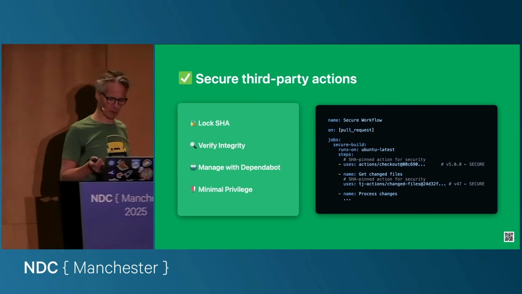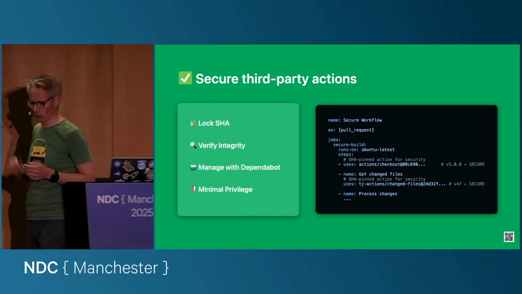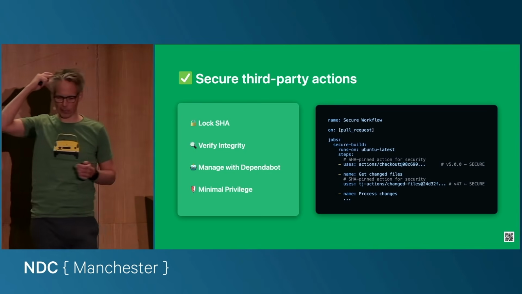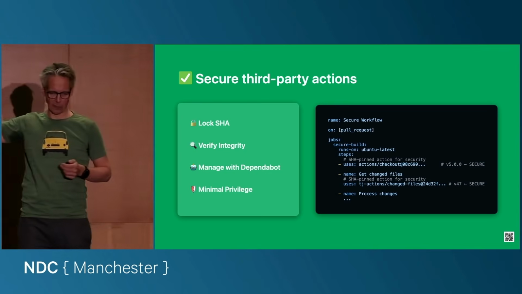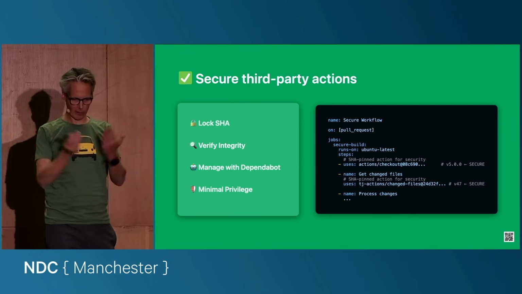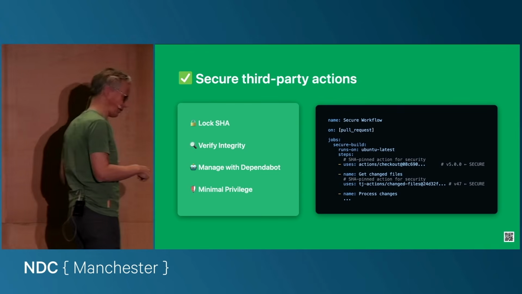So the first time you do it, you look up the thing, you check that you have the right thing. What I prefer to do is make a small comment on the end of the line. Because my brain cannot think in hashes, maybe yours can, but mine not. So I put there a comment of the version I have, so I know which one I have. I put dependabot in place.